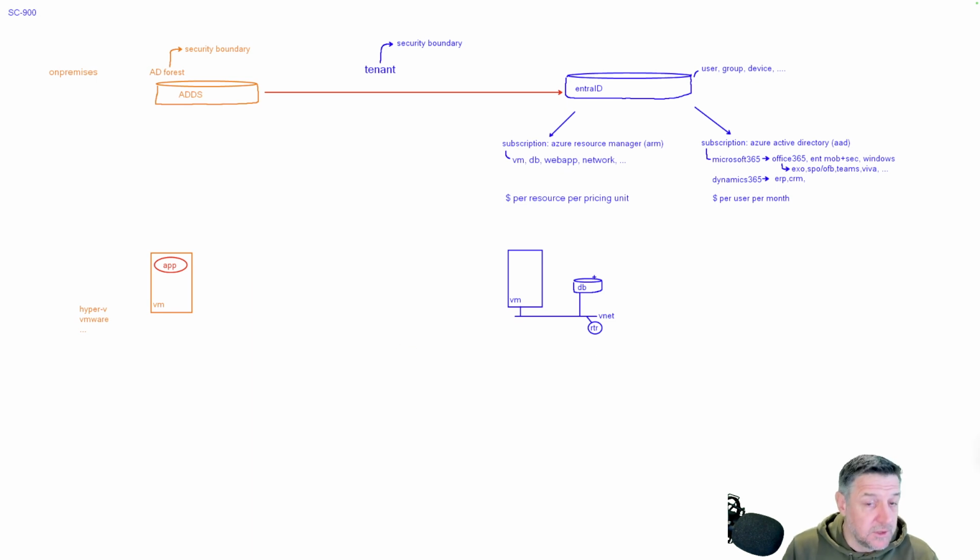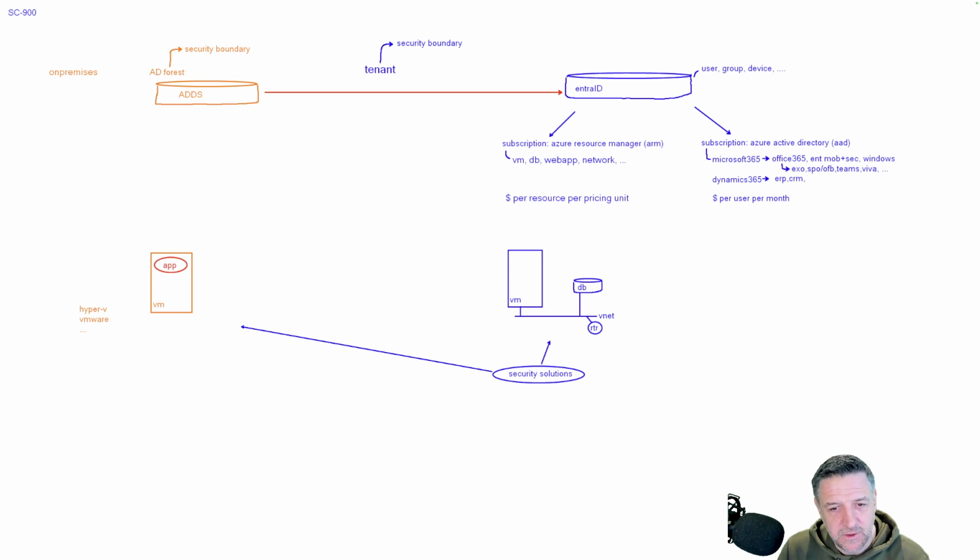And then what we'll notice is that many of the security-based solutions in Azure will be able to secure Azure-based components, as they will also be able to apply security, or at least monitor security, for remote or on-prem based solutions. And maybe somewhere in the middle, this is supposed to look like a little cloud here.